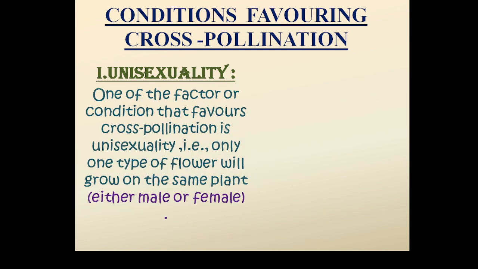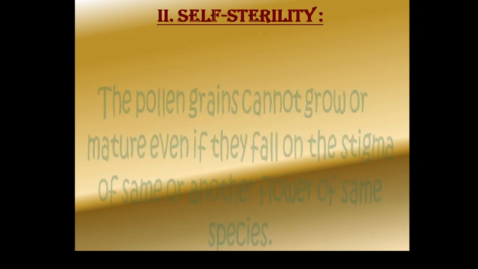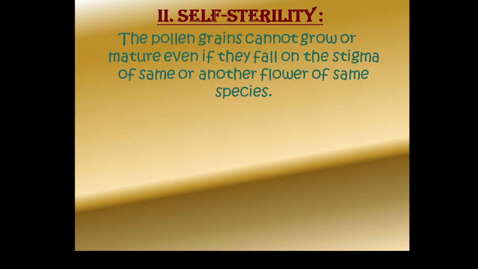The first condition is that it should have either the male or the female part. The second one is self-sterility. The pollen grains cannot grow or mature even if they fall on the stigma of the same flower or another flower of the same species. We will see the picture in the next slide.